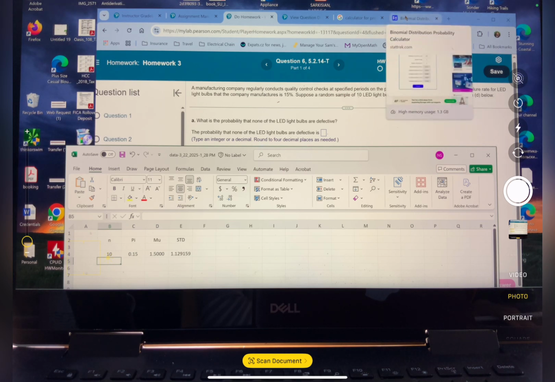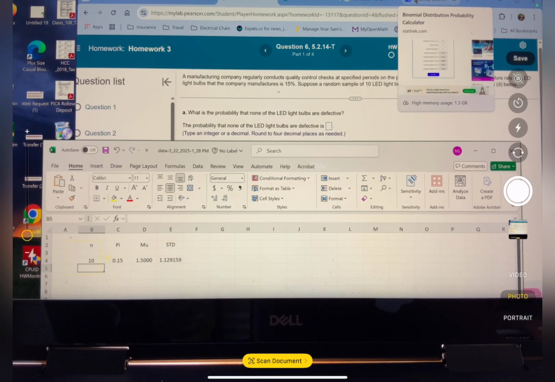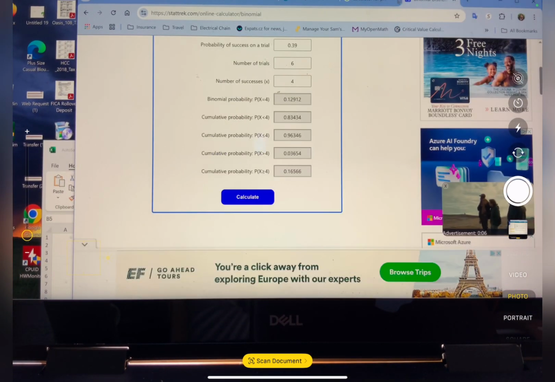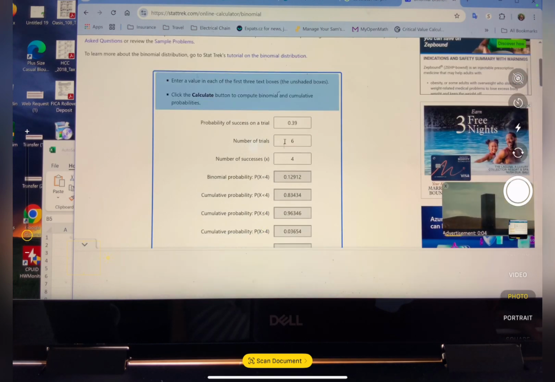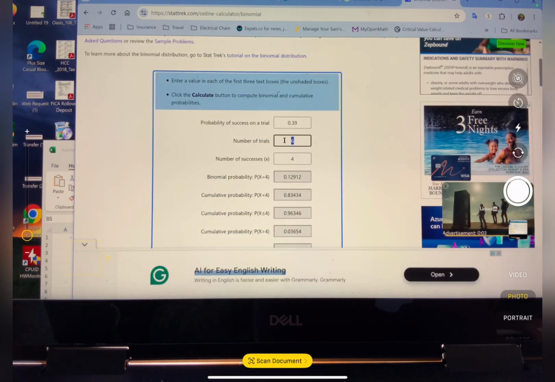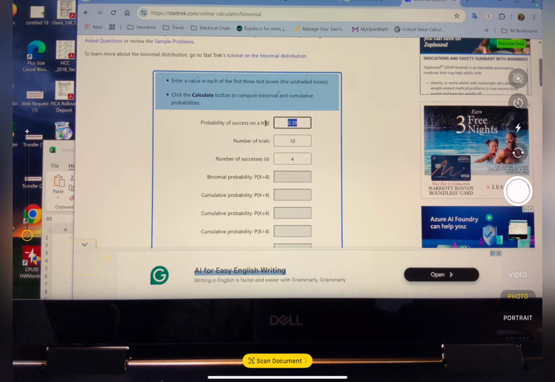So we have total 10, probability 0.15, and none, x is equal to 0.